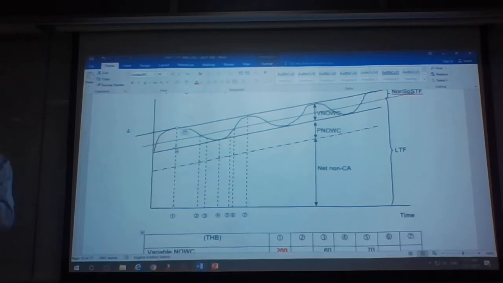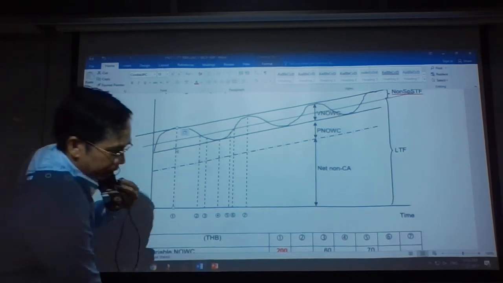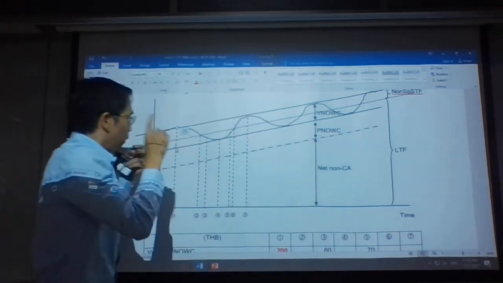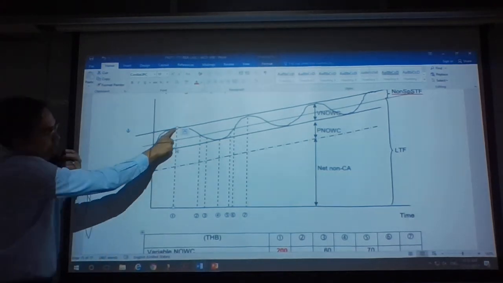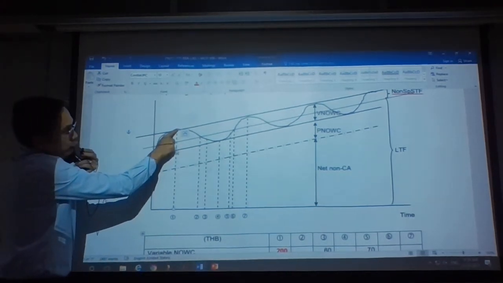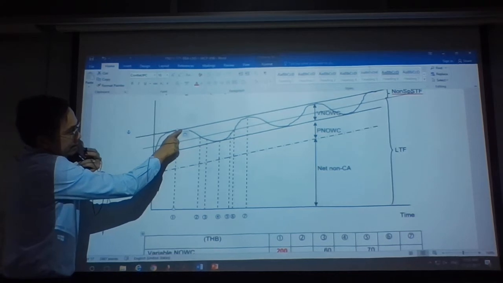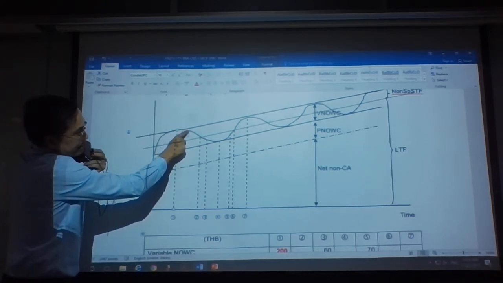Okay, so that is at the first peak point, the first cycle. Now, when time goes by, the total amount of assets declines.